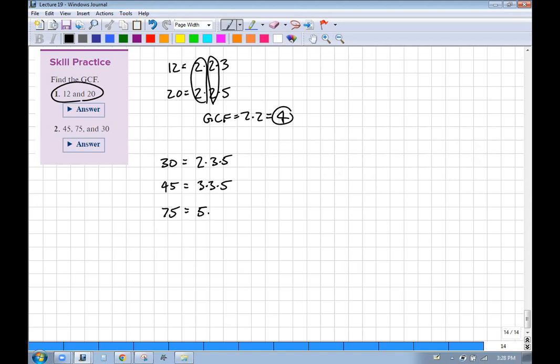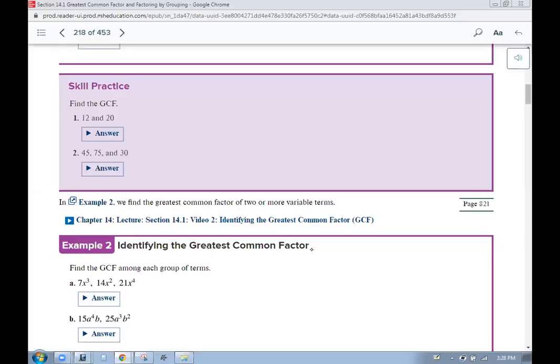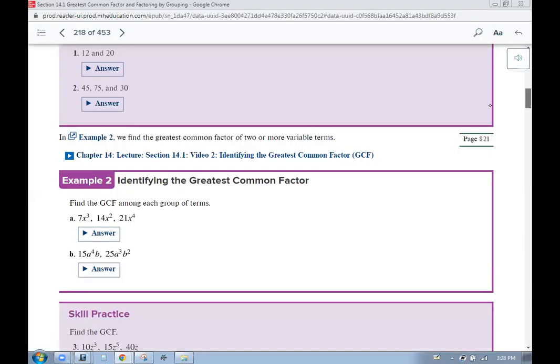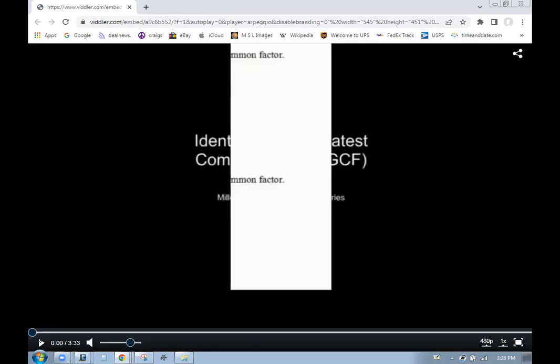Yeah, and 15 is 3 times 5. So our GCF here is going to have a 5 in it and a 3 in it, which gives us 15. Next step is throw some X's in there, of course, right?